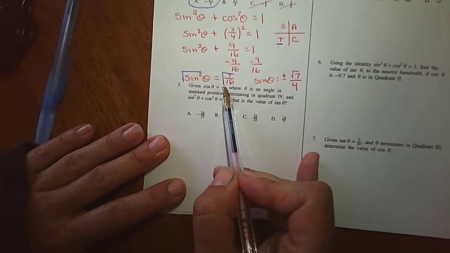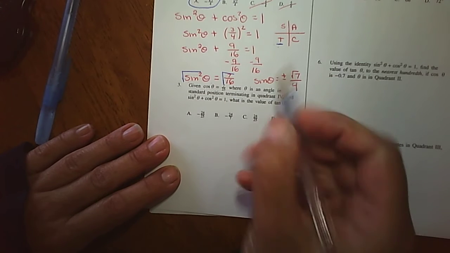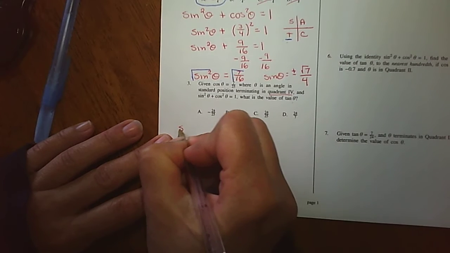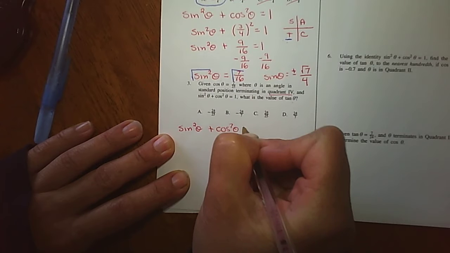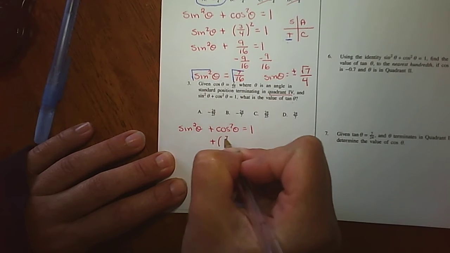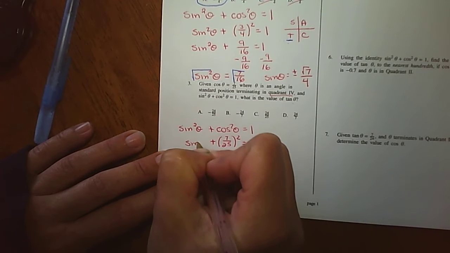Given cos theta is 7/25, and theta is an angle in quadrant 4, that's important, find tangent. Okay, so we're going to do sine squared plus cos squared equals 1. This time cosine is 7/25. I'll bring everything else down.